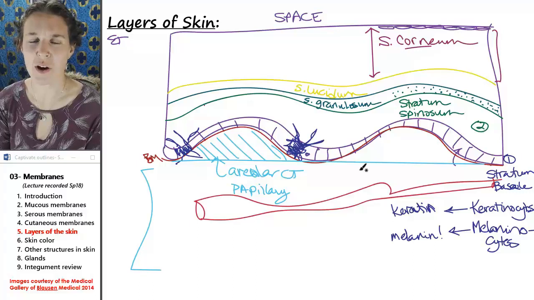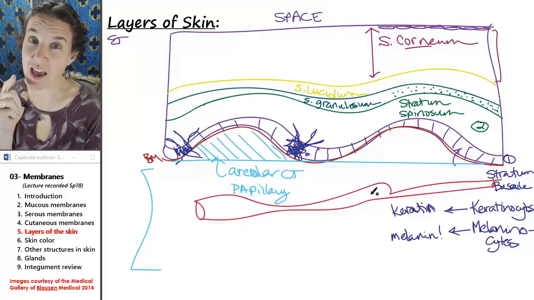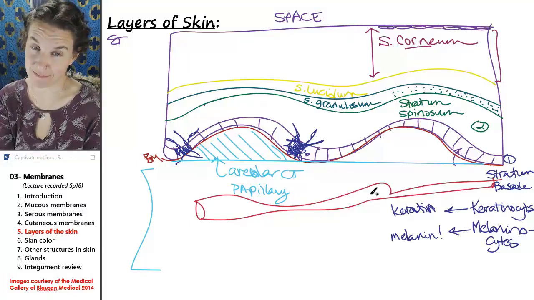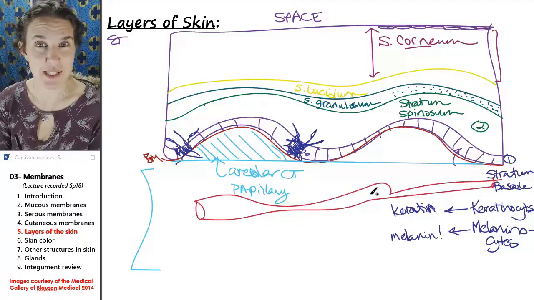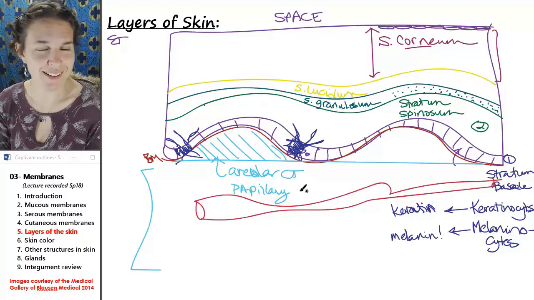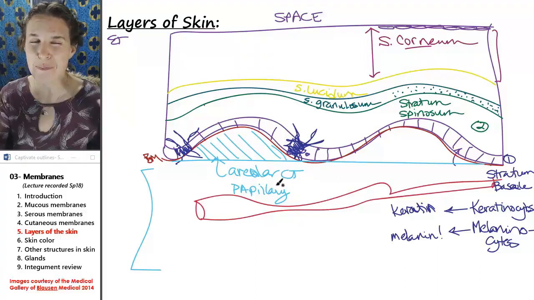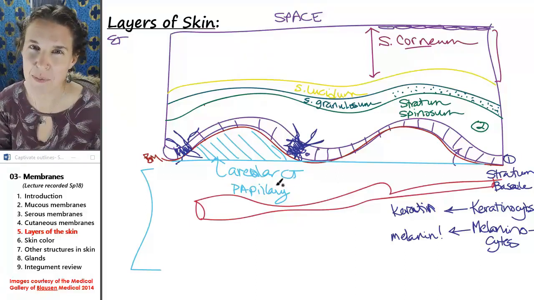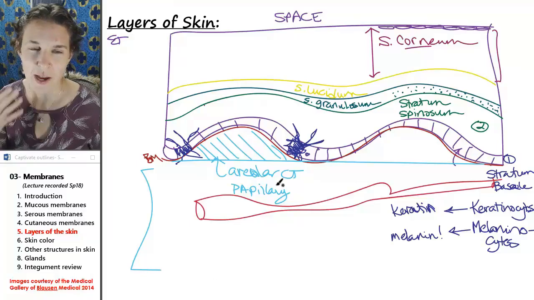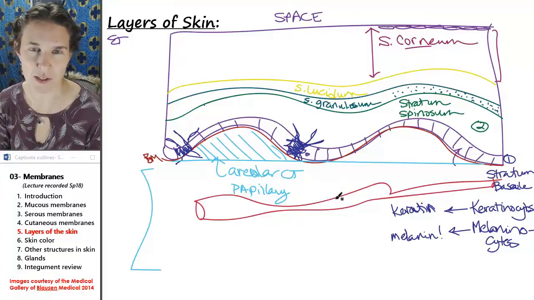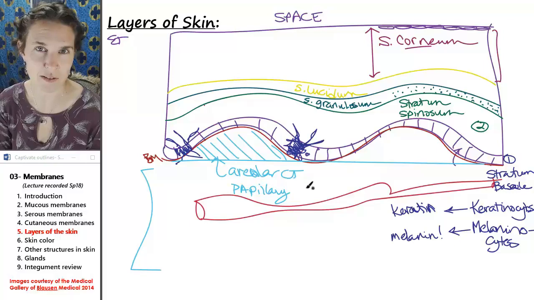I think I told you that all of them were stratums, but only the epidermises are stratums. The dermises are layers. So the papillary layer is made of areolar connective tissue, and papilla means nipple. So that's why I always think of nipple-y things when we're talking about papillas.